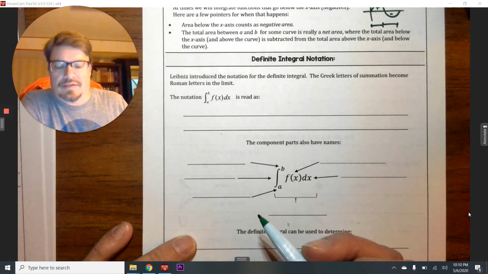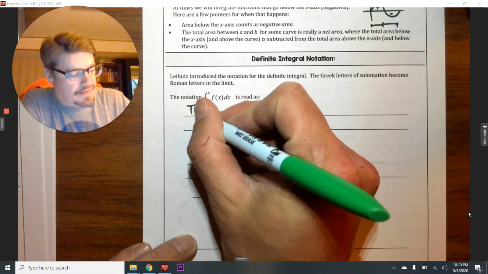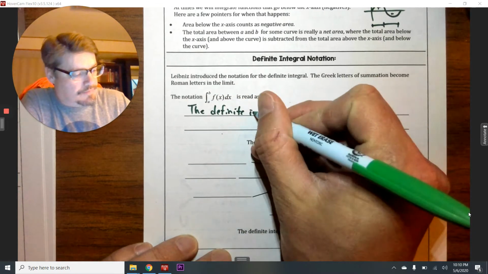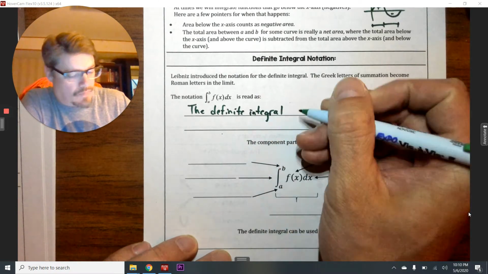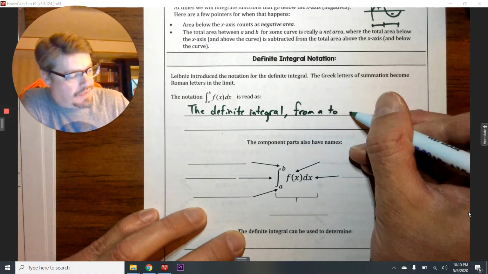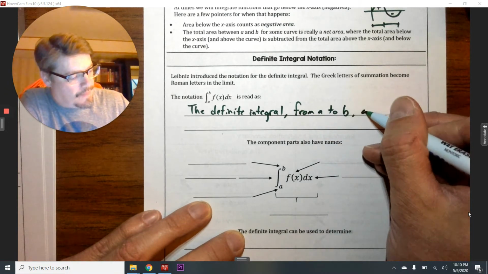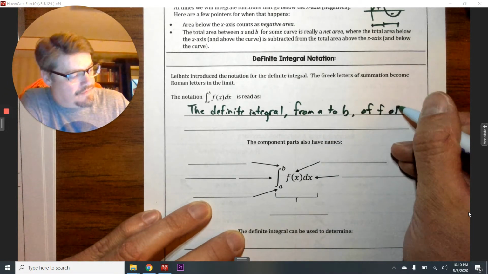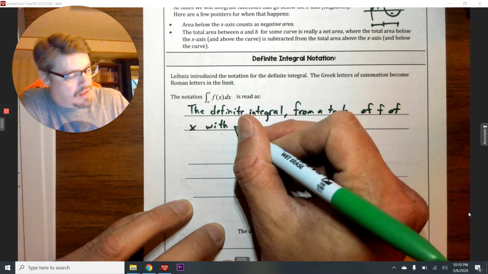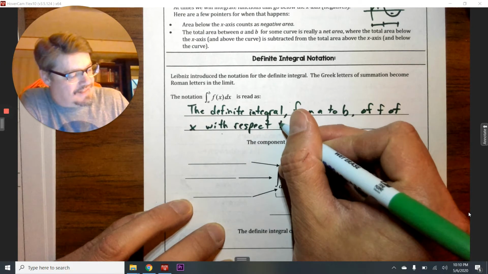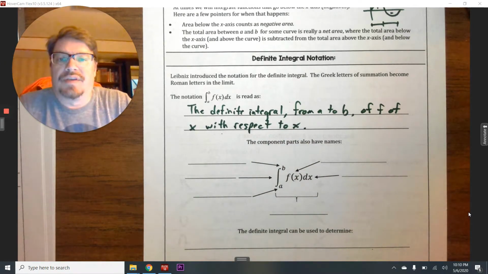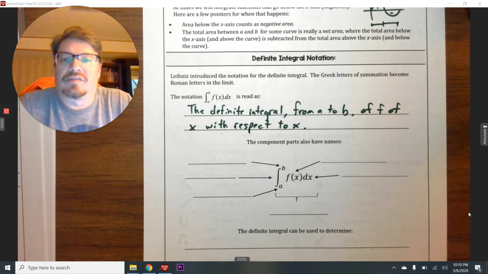The way that we read it is the definite integral from a to b of f(x) with respect to x.